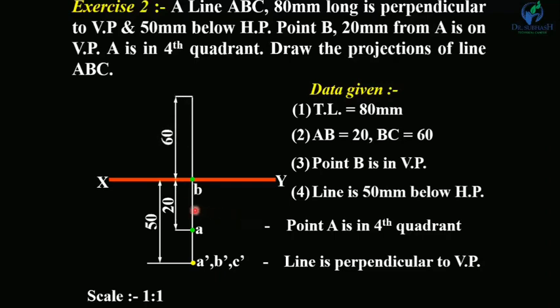Now point C: BC is equal to 60 mm, so you can see point C is 60 mm above the XY line. So this ABC is the top view, and A dash, B dash, C dash is the front view. This green line shows the top view of the line, and A dash, B dash is the front view of this line.